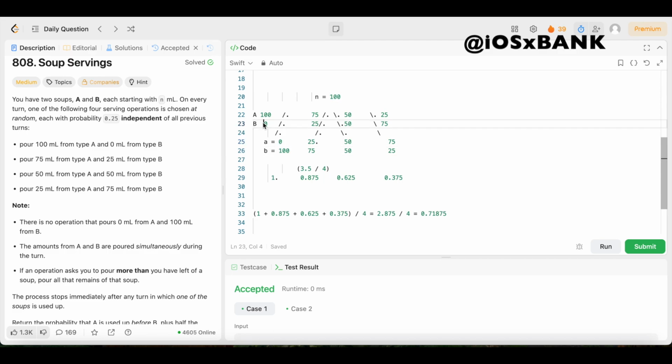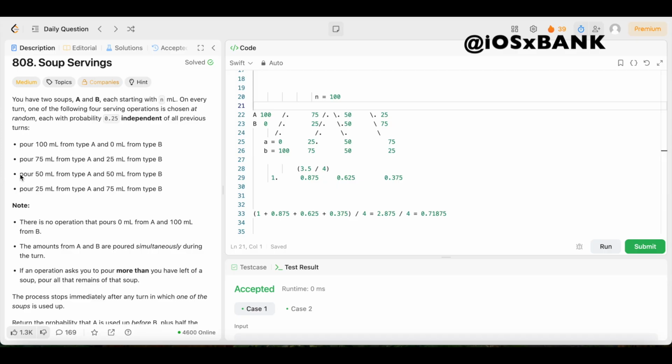B, we pour out 0 from B, so B stays at 100. Then we do the same thing for the second operation. So if we pour out 75 milliliters from 100 for A, then we'll be left with 25 for A, and we pour out 25 milliliters from 100 for B, then that means B will be left with 75 milliliters.